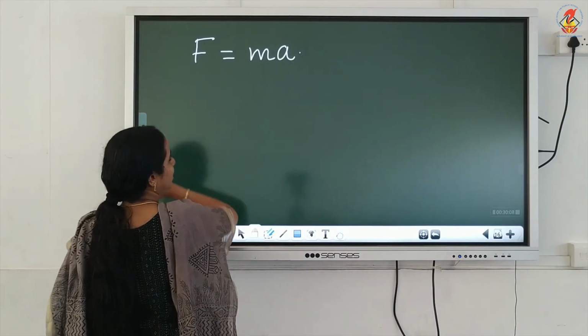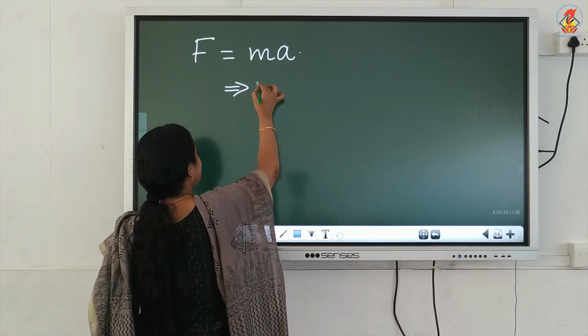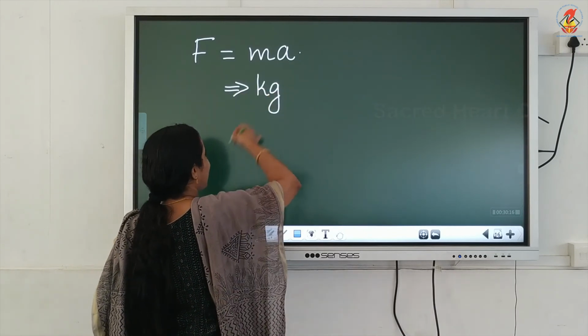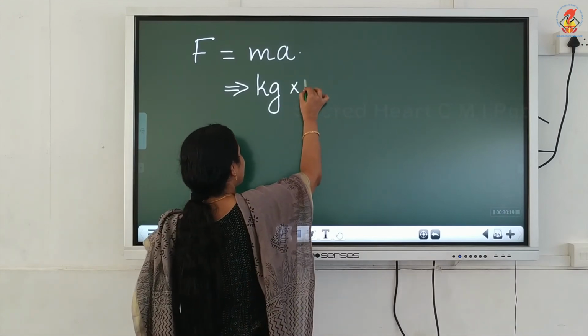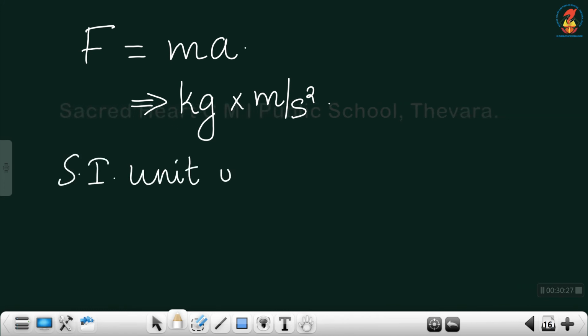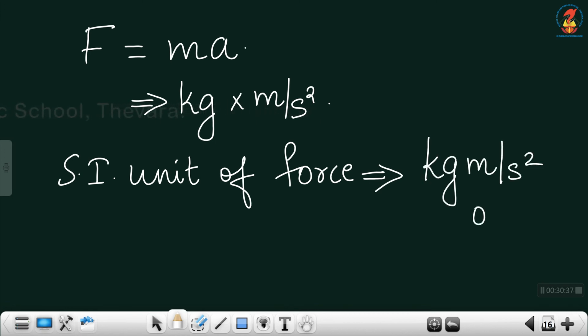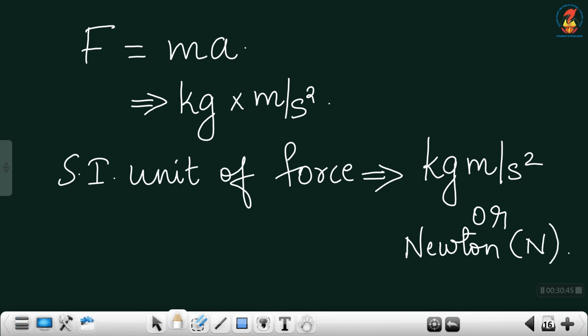Now let us find the unit of force. What is the SI unit of mass? Kilogram. And SI unit of acceleration? Meter per second square. So the SI unit of force is either kilogram meter per second square or Newton.